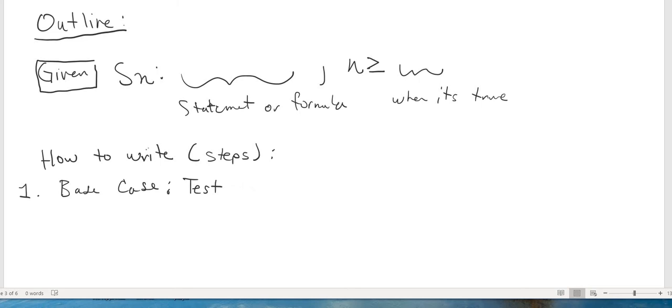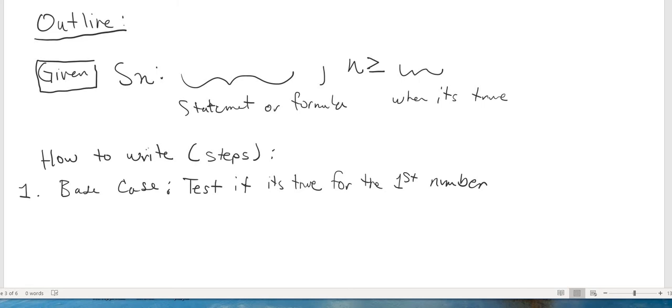Test if it's true for the first number, whatever number they tell you to begin with. This is where you check it.